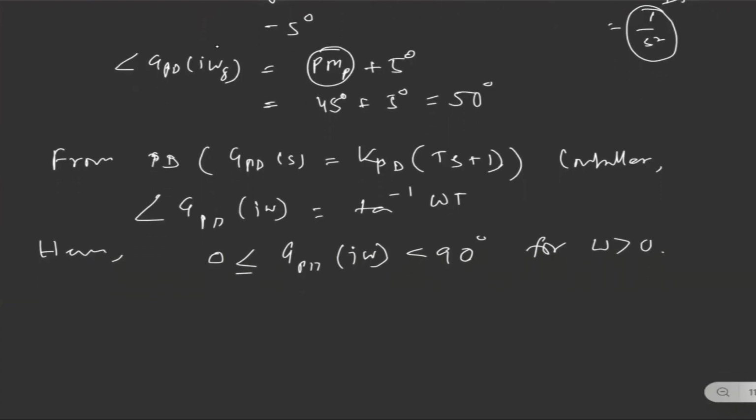This is easy to calculate. Now, by this PD controller we want to add some phase at a specified frequency omega c.